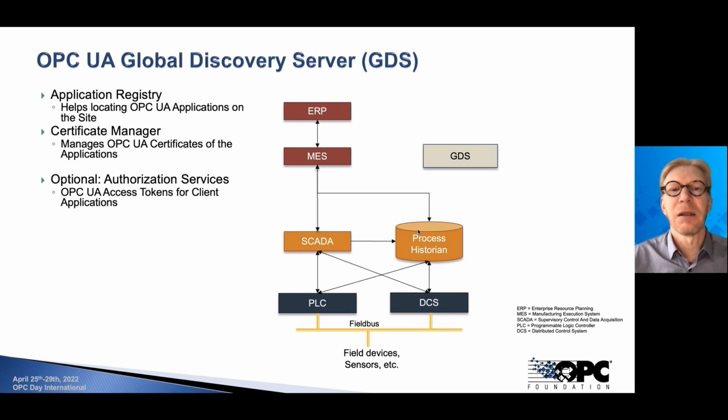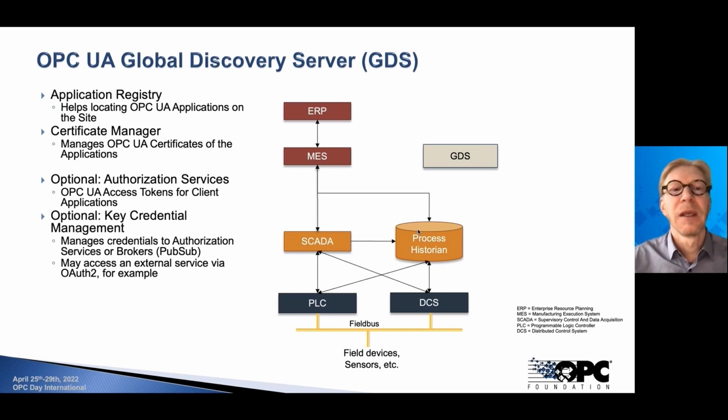The GDS can implement also additional functionalities like authorization services or OPC UA access tokens. It can include key credential management, especially for accessing MQTT brokers, for example, where it can leverage functionalities also of external credential services through the HOBO protocol, for example.